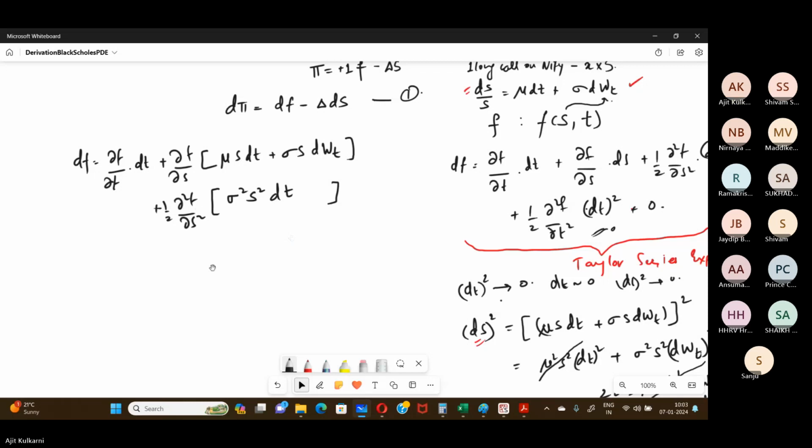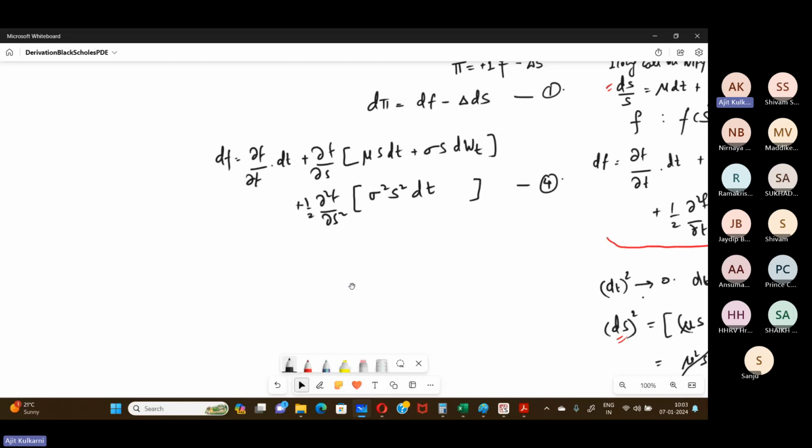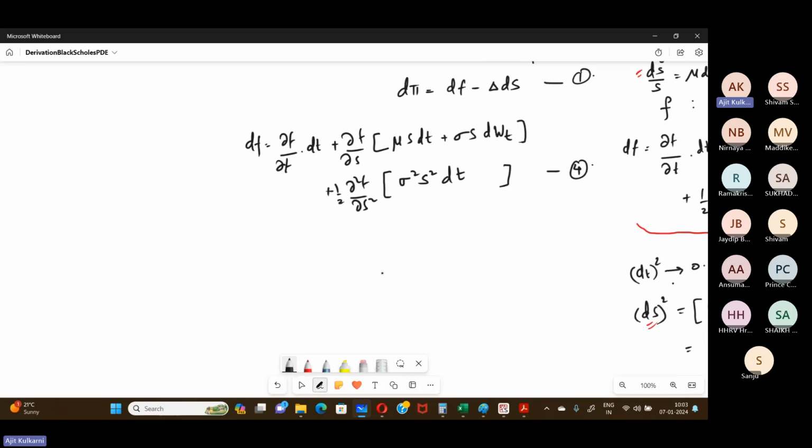Now we substitute equation 4 in equation 1, and let us see how the portfolio evolves over time.